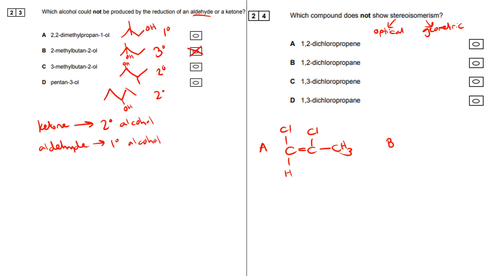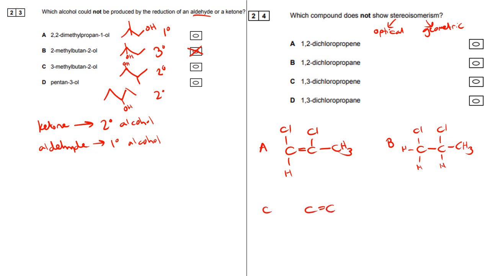B, we have 1,2-dichloropropane. So you've got your Cl there, you've got your Cl there, and your CH3. C, we've got 1,3-dichloropropene.